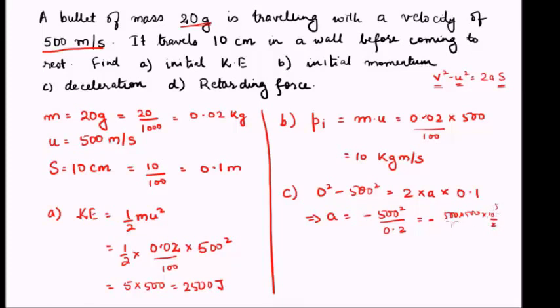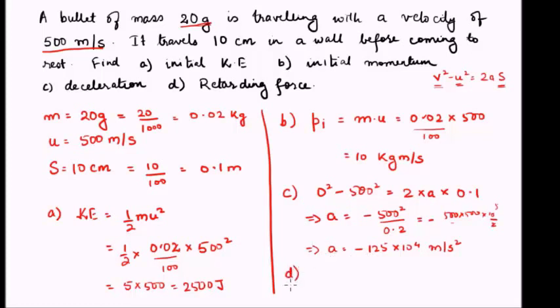This makes it 125 with 4 zeros. A is equal to minus 125 into 10 to the power 4 meter per second square. So the acceleration is negative 125 into 10 to the power 4 meter per second square. The deceleration, that is the retardation, will be the same value without the negative sign, because deceleration by definition means negative of acceleration. So we get the deceleration.